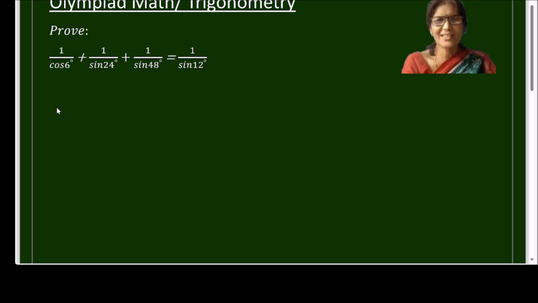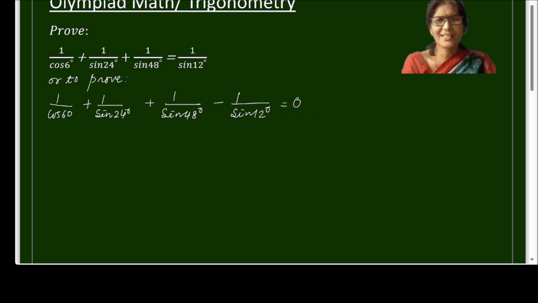Or to prove: 1 over cos 6 degree plus 1 over sine 24 degree plus 1 over sine 48 degree minus 1 over sine 12 degree is equal to 0.